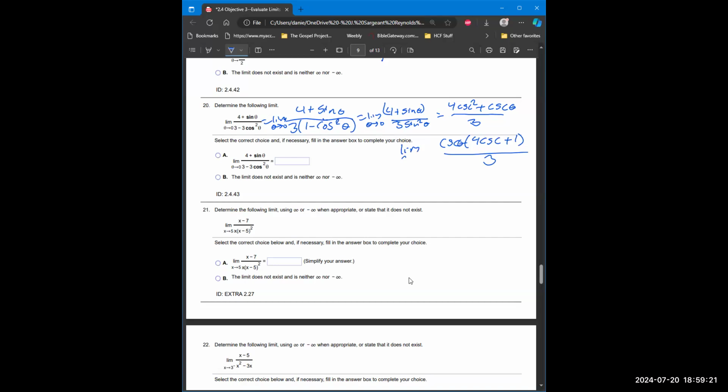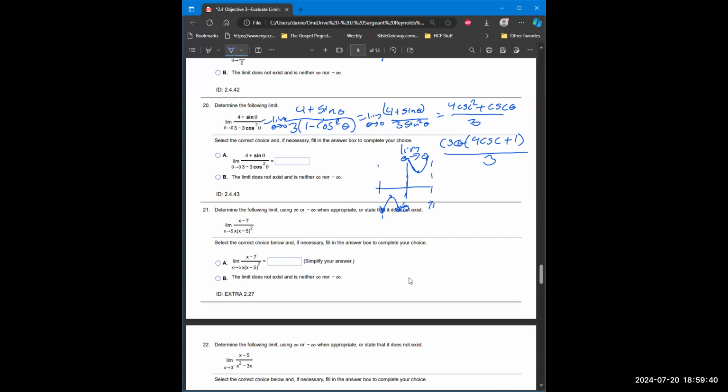Limit as theta approaches 0. Let's look at cosecant. Cosecant has an asymptote at 0 and at pi. And it is like this, and like this.